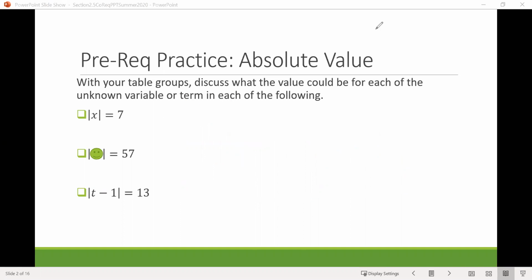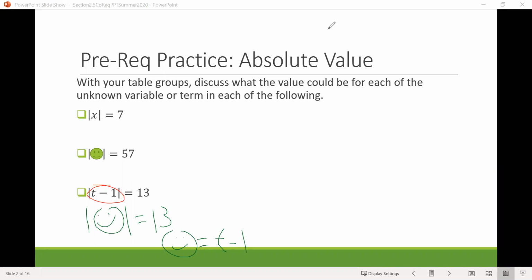All right. And then the last thing here, absolute value of t minus 1 equals 13. Now in this case, we have an expression with more than just a variable inside the absolute value. But really, even though it's like that, we could think of this as absolute value of smiley face equals 13, where the smiley face is taking the place of t minus 1.